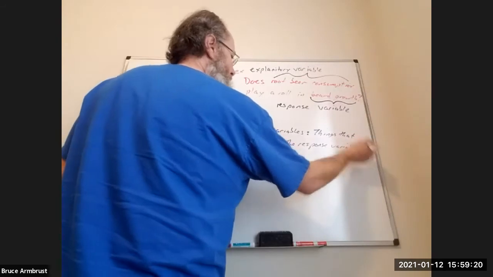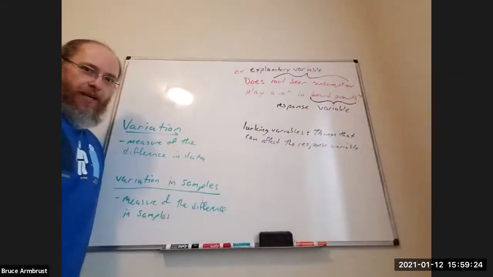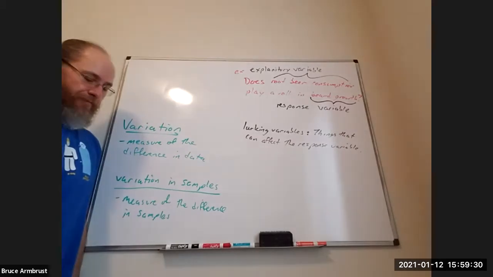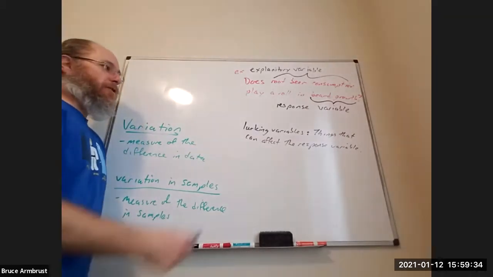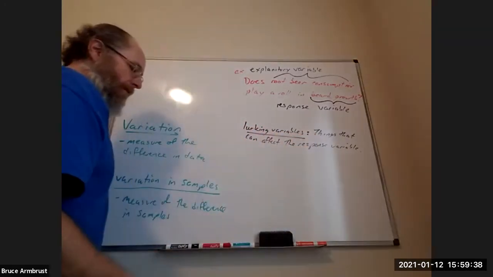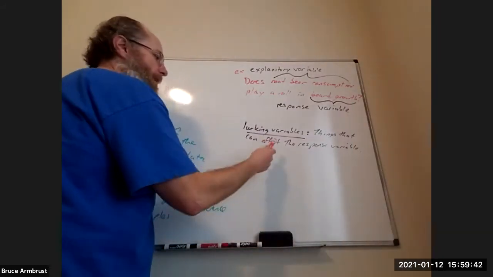So those are those other things that we're just not really sure about, and that's why they're lurking, kind of lurking in the background, ready to make their change. Okay, so those are lurking variables. And so what we really try to do is eliminate these. That's the goal of any good study, is to try to eliminate these.